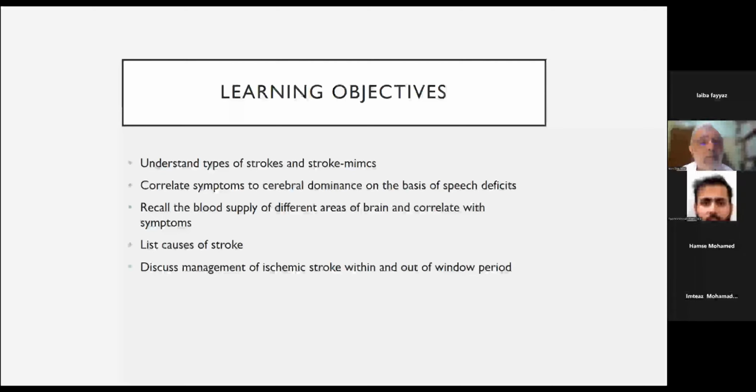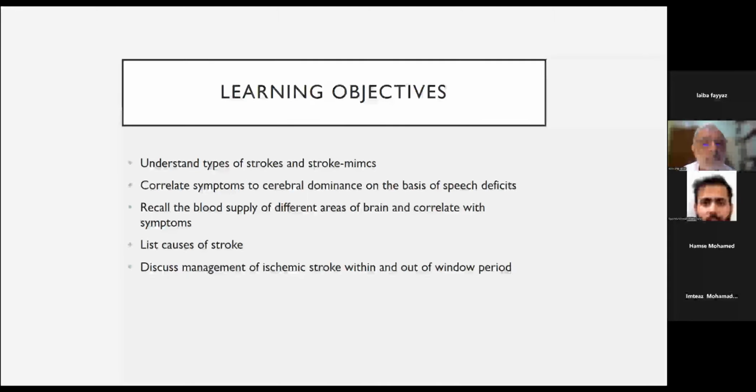I'm going to make them revise and recall the blood supply of different areas of the brain and correlate with the symptoms, such as anterior cerebral artery infarcts are going to cause major deficits in the lower limb rather than the upper limbs, and the MCA territory infarcts are going to cause hemiplegias, and the posterior circulation is going to lead to diplopia and vision problems.